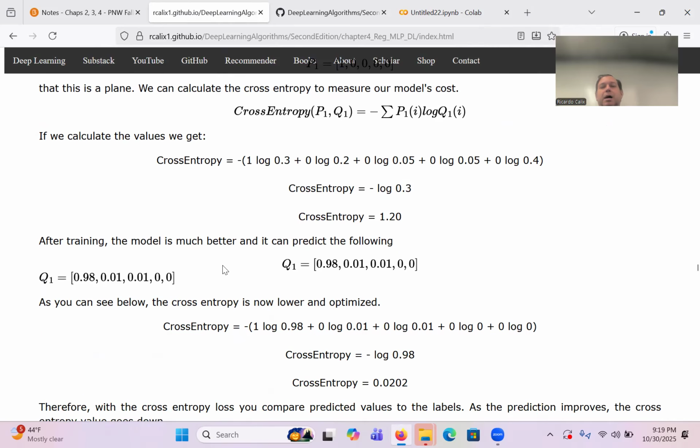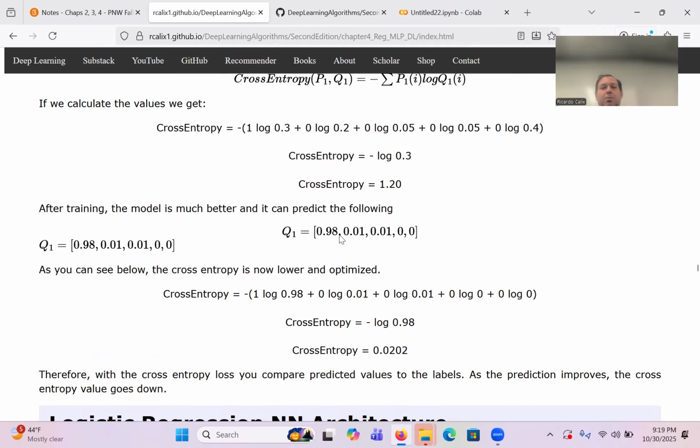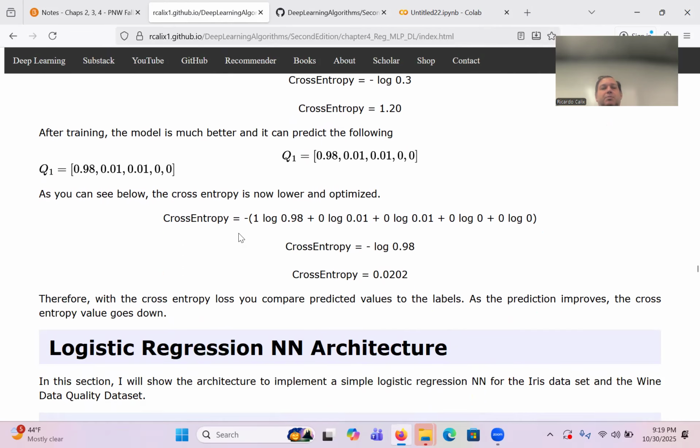So after training, the model is much better, and it can predict the following: 0.98, 0.01, 0.01, 0, 0. So now, as you can see below, the cross entropy is computed by 1 times log of 0.98 plus 0 times log of 0.01 and so on. And notice that the result is 0.02.